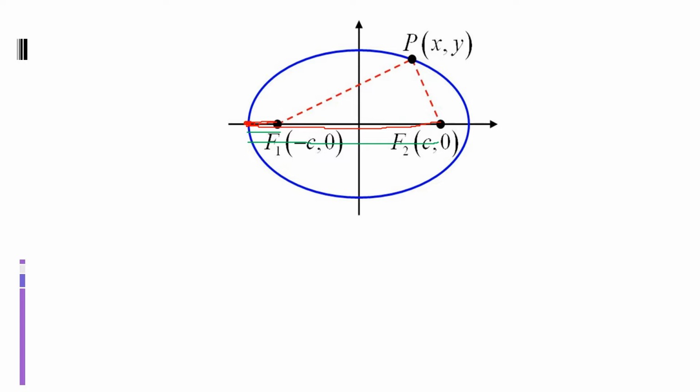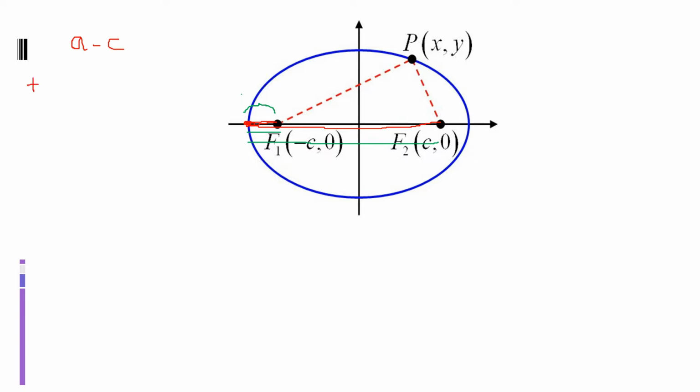But what is this distance? Diba sabi natin, from the center to a vertex is a. And from the center to a focus is c. So kung buong ito ay a, at itong part na to ay c, ano itong part lang na ito? That is just a minus c. So yung unang distance natin is a minus c.